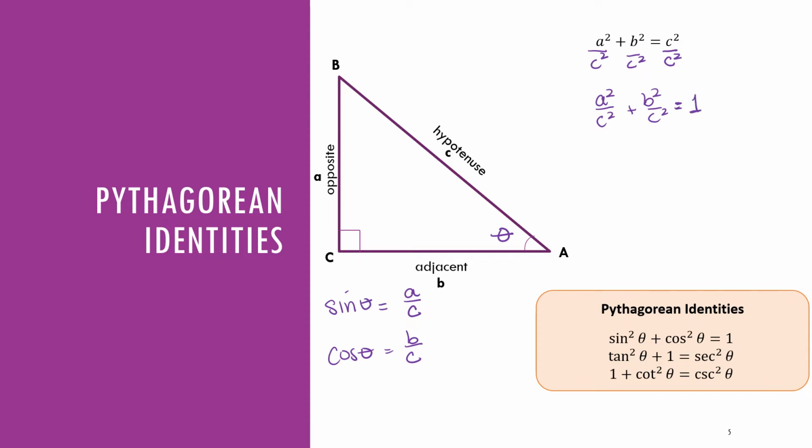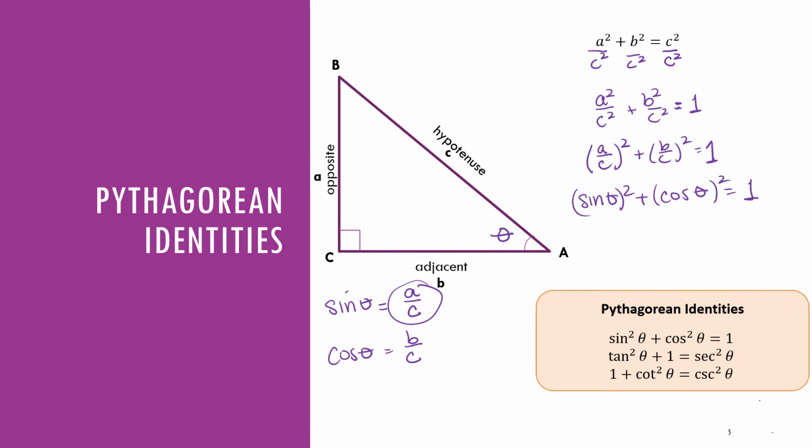Using the quotient property of exponents, I can rewrite this as a over c, squared, plus b over c, squared. a over c is sine theta, and b over c is cosine theta.